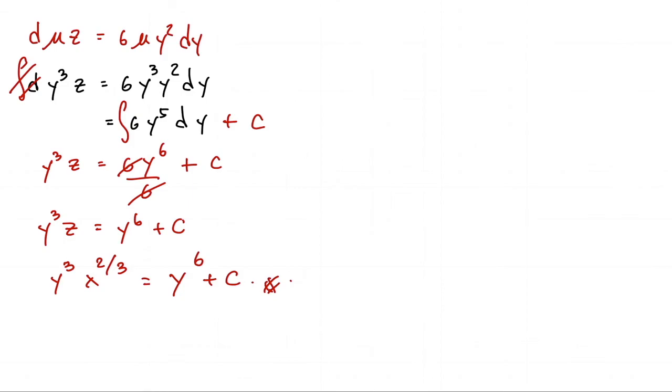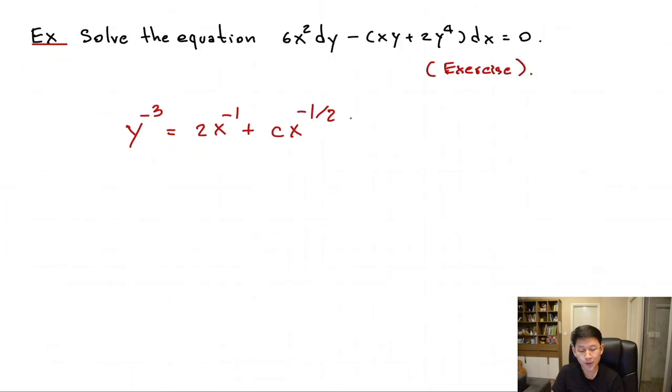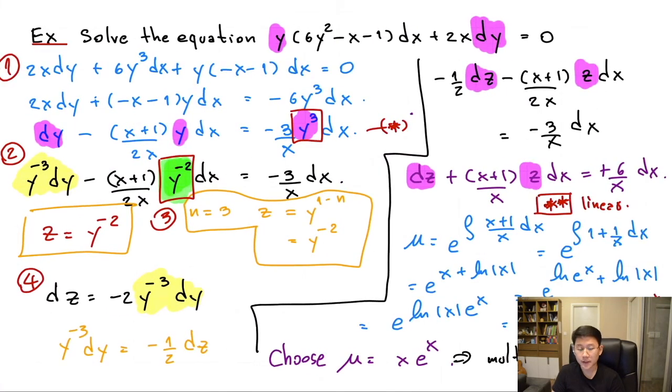Okay, so let me sum it up. First, when you're doing this Bernoulli equation, you rearrange the equation, right? And then you divide the whole equation by y to the power of blah blah blah, or x to the power of blah blah blah, so you eliminate this term, right?